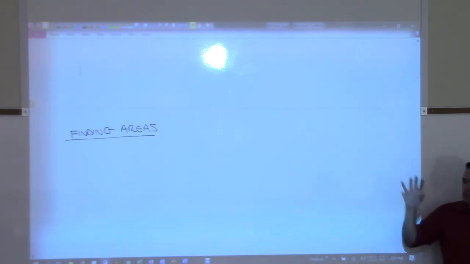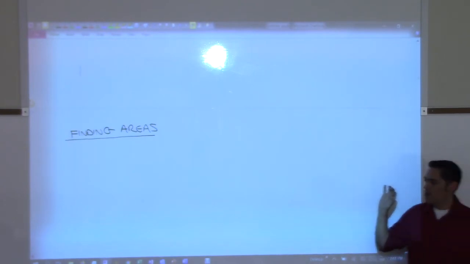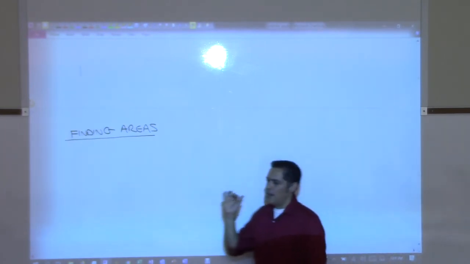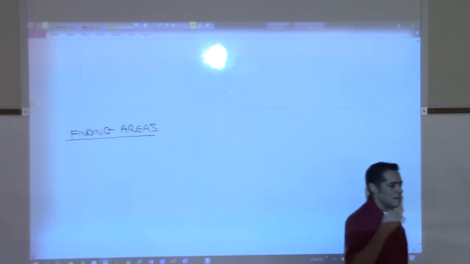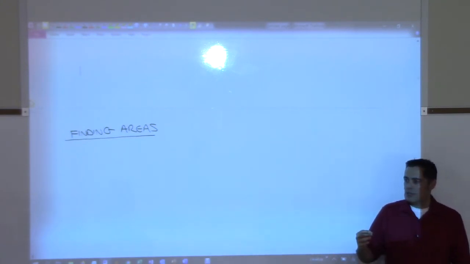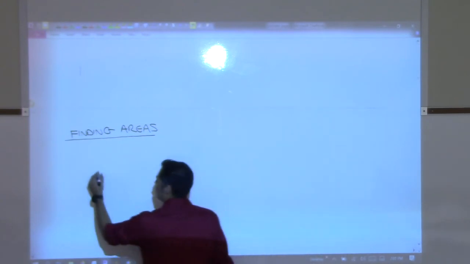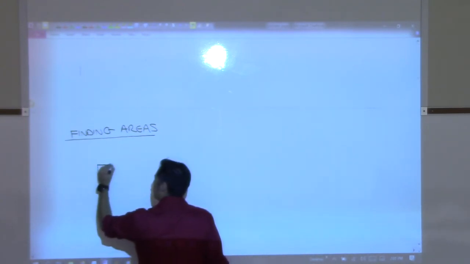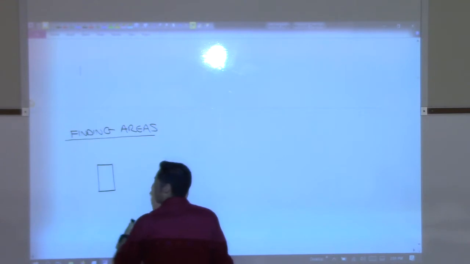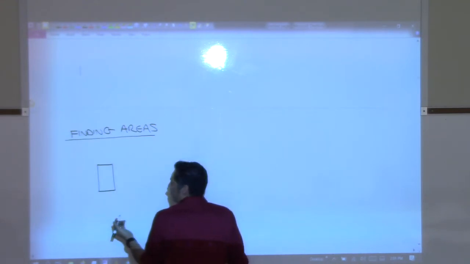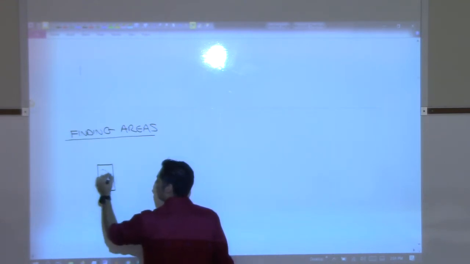All right, integration will come in, but just take a step back and think about human beings trying to find areas of things. Very, very early on in the evolution of human thinking, we were able to establish and agree upon what we determined to be the area of a rectangle.